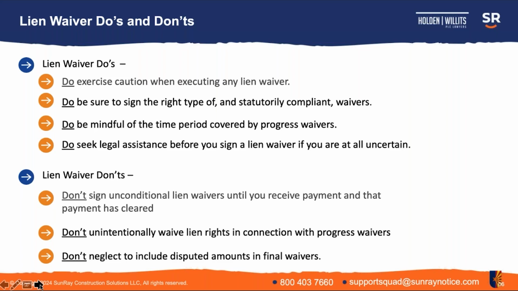So that's a pitfall that you see happen on occasion, and that's something you want to be careful of not doing. Lien waiver don'ts. First, don't sign unconditional lien waivers until you receive payment and that payment has cleared.